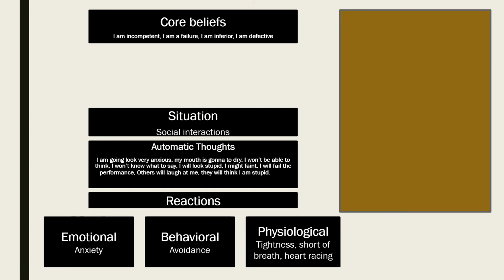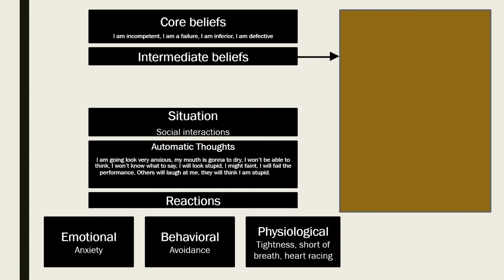These are very commonly found core beliefs in people with social anxiety. They also have very negative, maladaptive, unreasonable intermediate beliefs, rules, attitudes and assumptions.